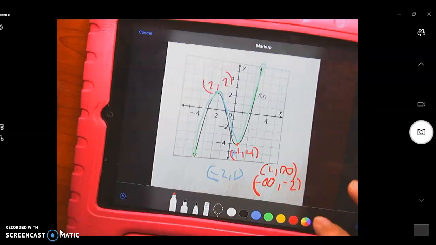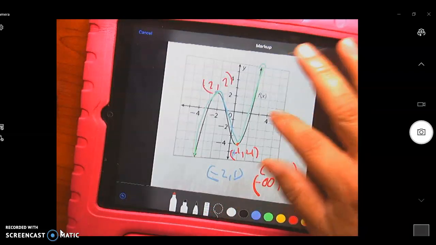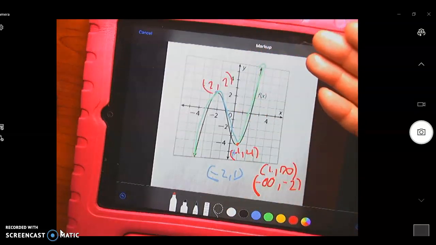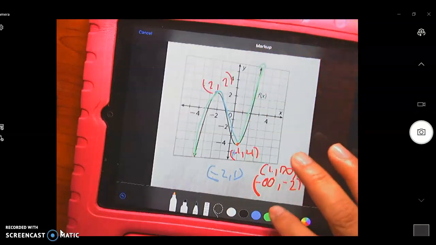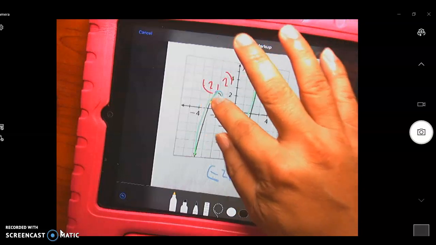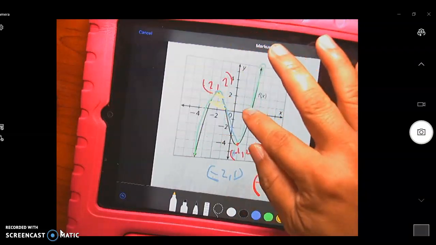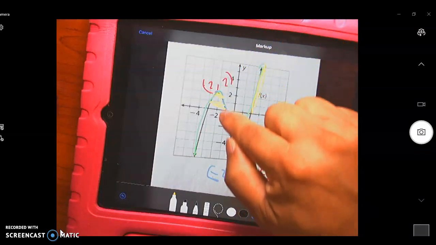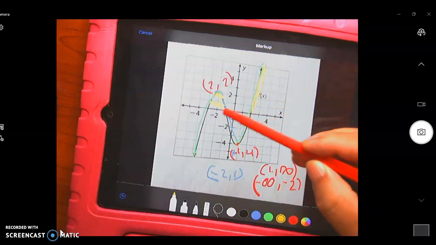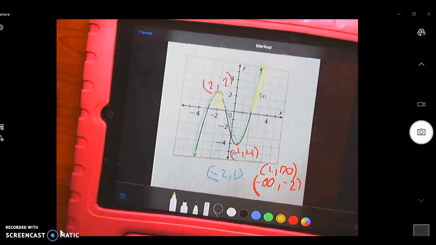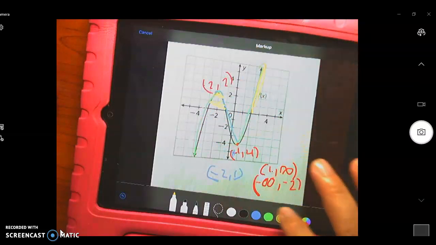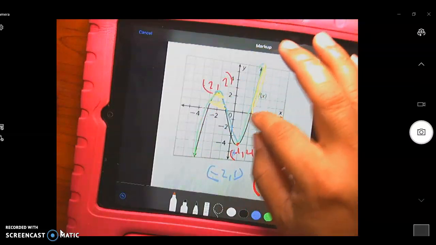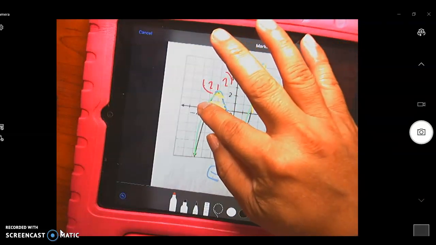We could also talk about positive. When is it positive? It's positive when it's above the x-axis. So everybody see this shaded region right here. This is positive, right? And this right here is positive too. And right there below it, that's negative. That's negative. That's negative. Okay. So when is it positive? We could write the interval between the x-intercepts.